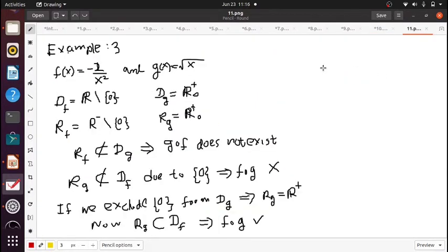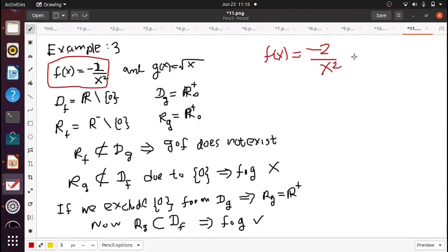So we'll look at another example. Example 11. This is a special case. You can see here the function f of x is written as minus 2 over x squared. So how do you find the domain of this function? You know that the domain should not include any value which will result in a division by 0.